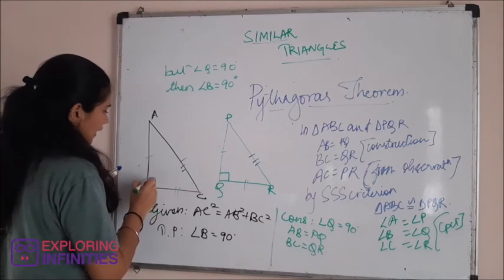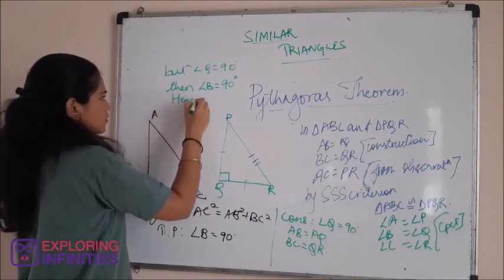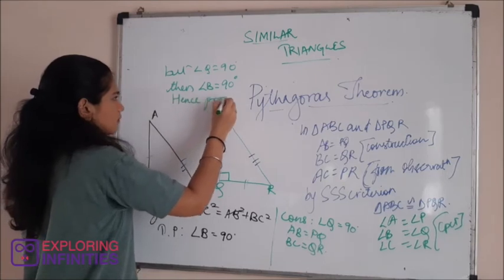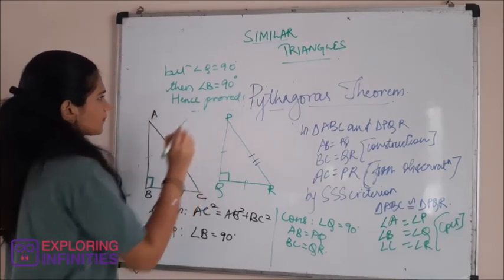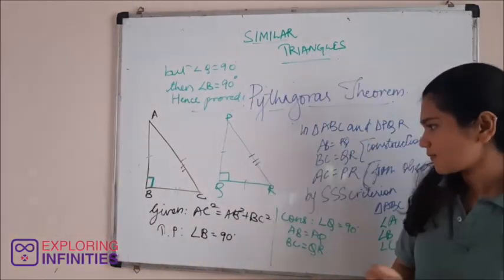Hence, this is a right angle. And I'll write my favorite statement, which is hence proved. So that is how we have proved the converse of this theorem as well.